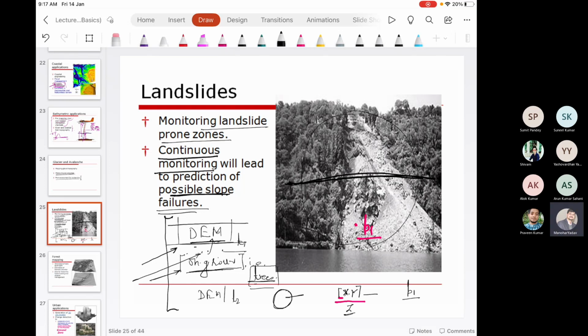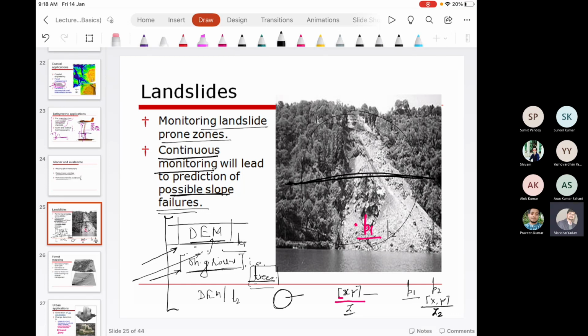Further, if we select some adjacent point P2 over here, again for P2 we have its location in a two-dimensional plane and its height, that is Z2.